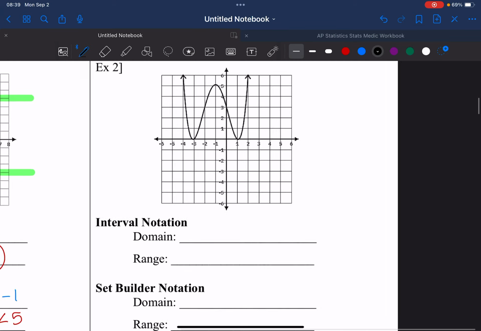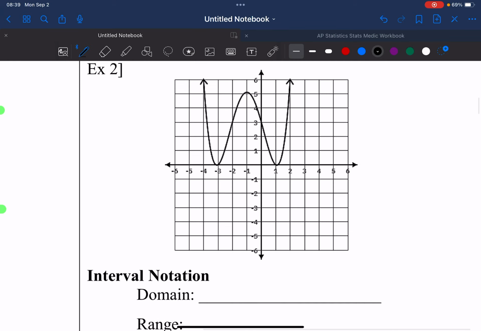Let's look at number 2. Okay, number 2, notice that instead of our closed dot, open dot, we now have arrows that will indicate that the function is either going to infinity or -infinity. So starting with our domain, again, starting from our left to our right, notice that if I'm just looking at the graph, it looks like the graph stops here and stops here.